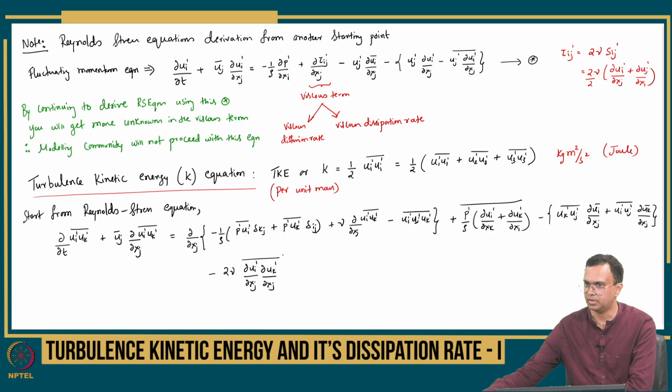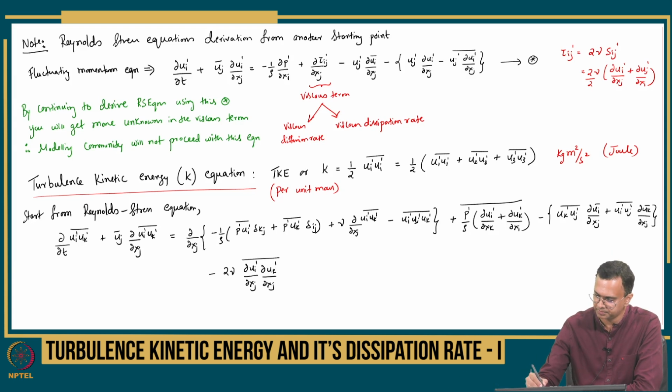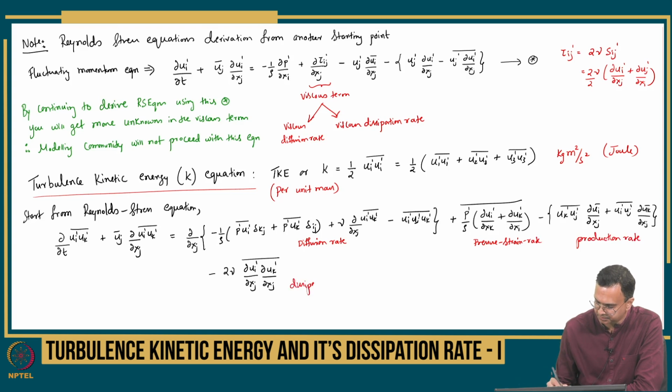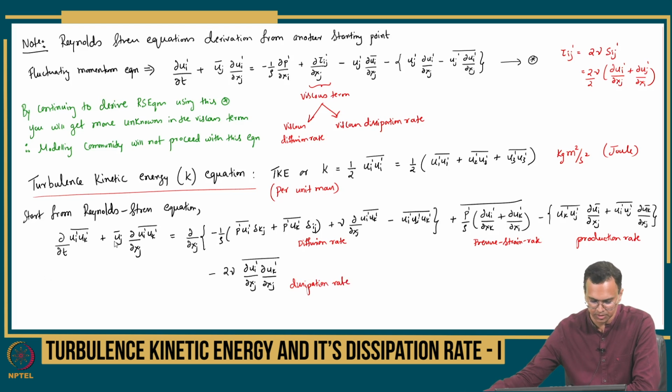This we have already derived: the transport, the diffusion rate, the redistribution rate or pressure strain rate, production rate, and dissipation rate. So the equation is ready.